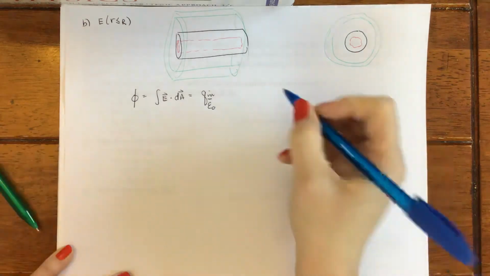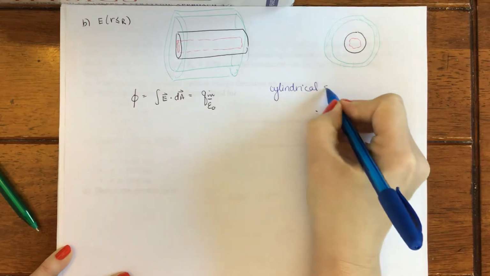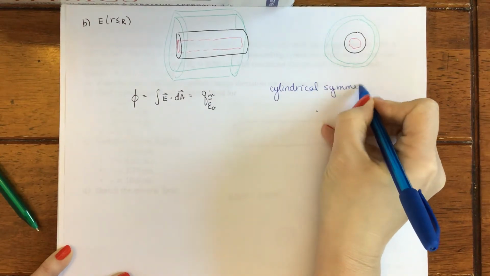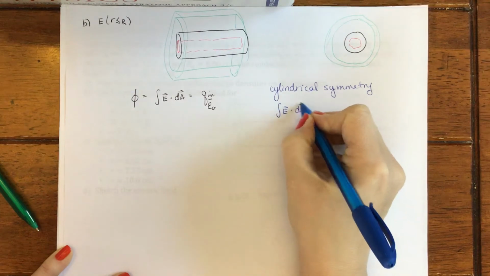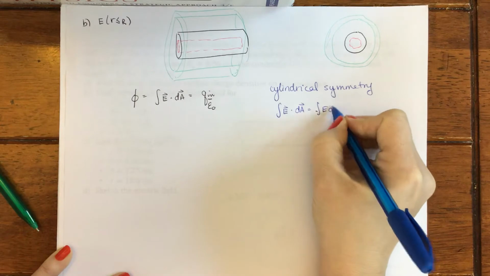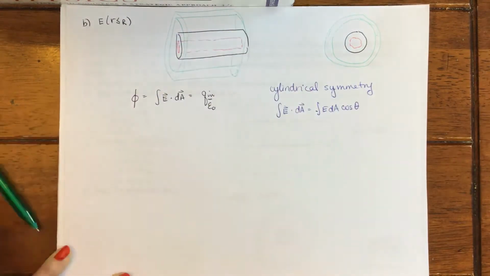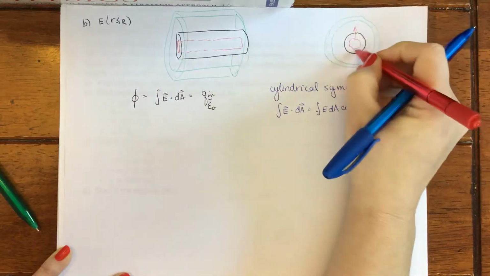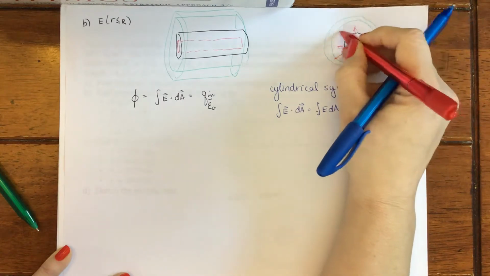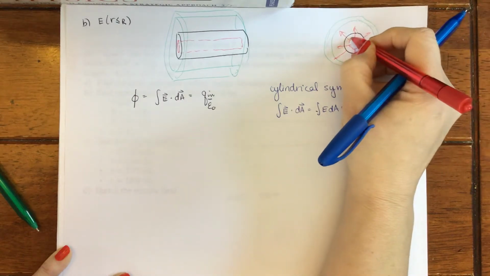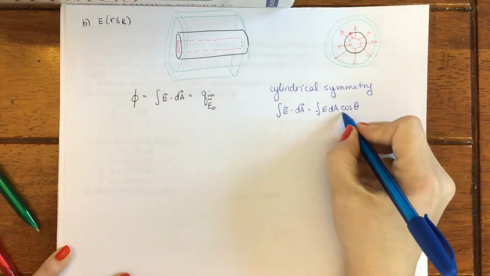If we have cylindrical symmetry, then the integral of E dot dA is equal to the integral of E times dA times the cosine of the angle between E and A. Our electric field points out everywhere, and the area vector, a little area element on our cylindrical surface, also points outward. So the angle between those two is 0, and the cosine is 1.